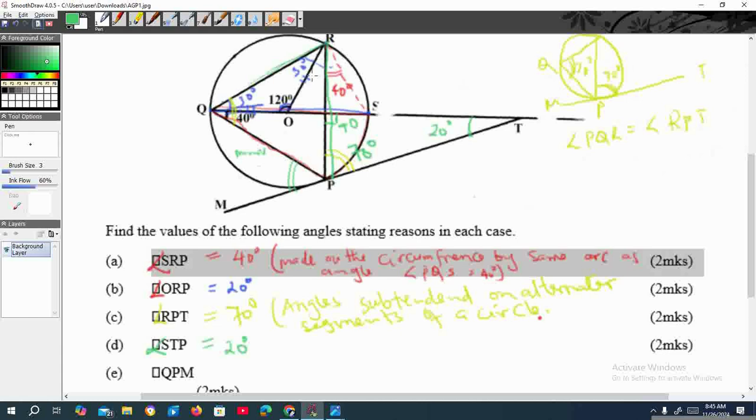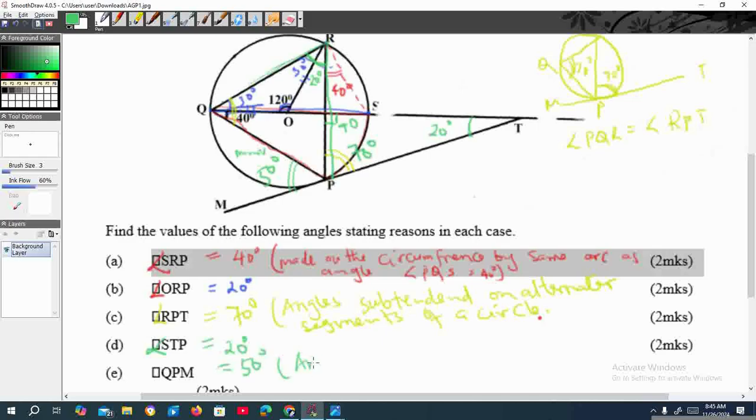Remember, RP was found to be 20 degrees. So this in total will be 50 degrees.